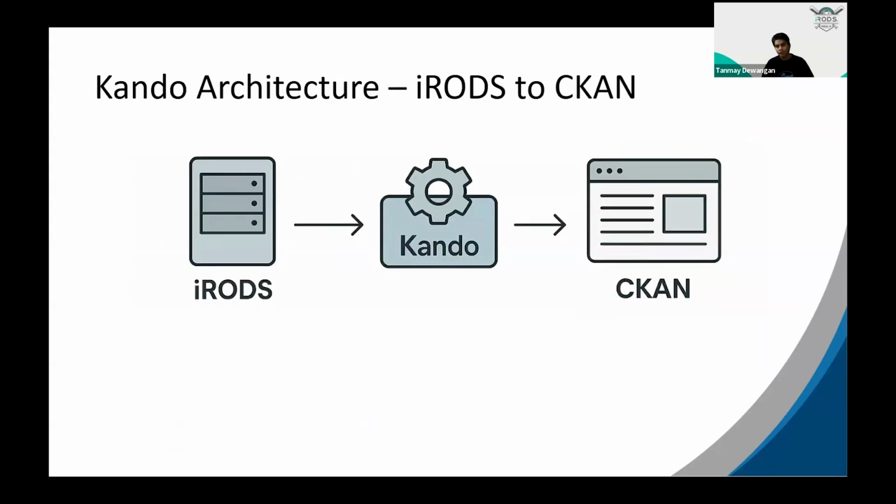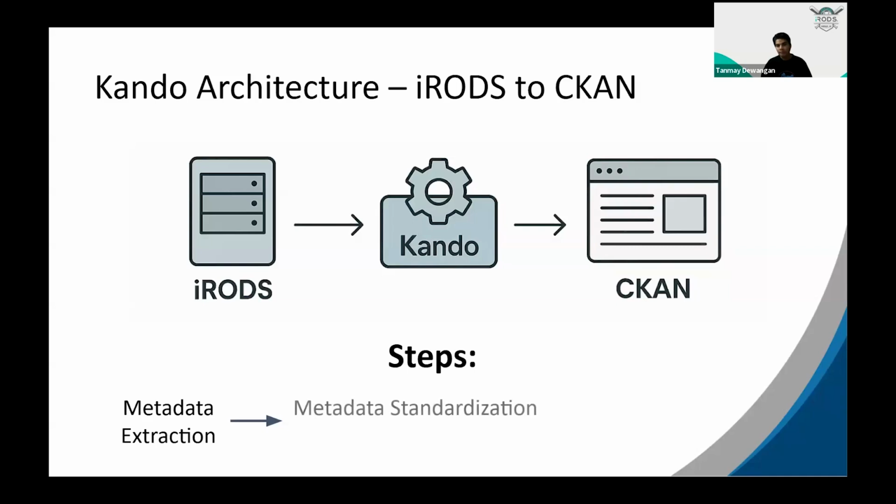So the first version of Kando focused on iRODS managed data in CyVerse. So first, Kando extracts metadata from the iRODS collections, like the title, description, authors, file size, content type, custom tags, etc. Then it transforms that metadata into DCAT and croissant metadata formats for better interoperability and discoverability. And I'll expand more on that on the next slide.